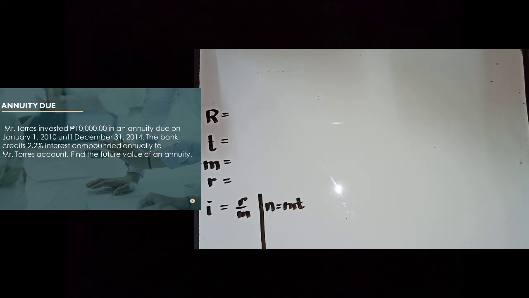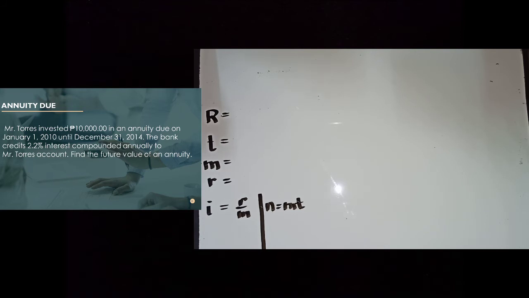So again, Mr. Torres invested 10,000 pesos in an annuity due on January 1, 2010 until December 31, 2014, and the bank credits 2.2% interest compounded annually. So find the future value of the annuity.